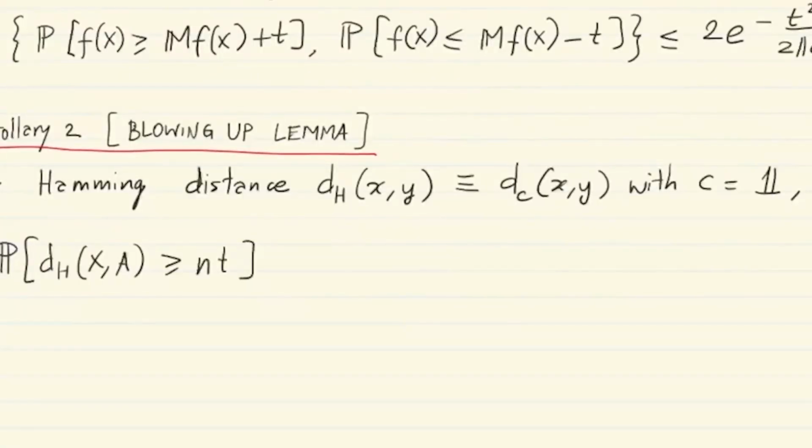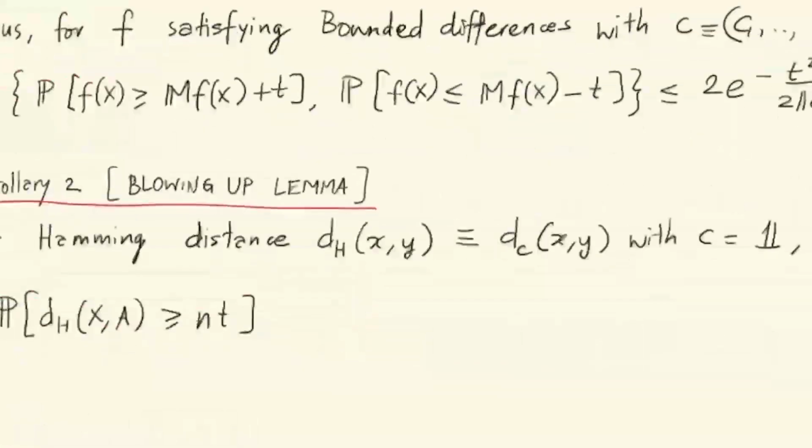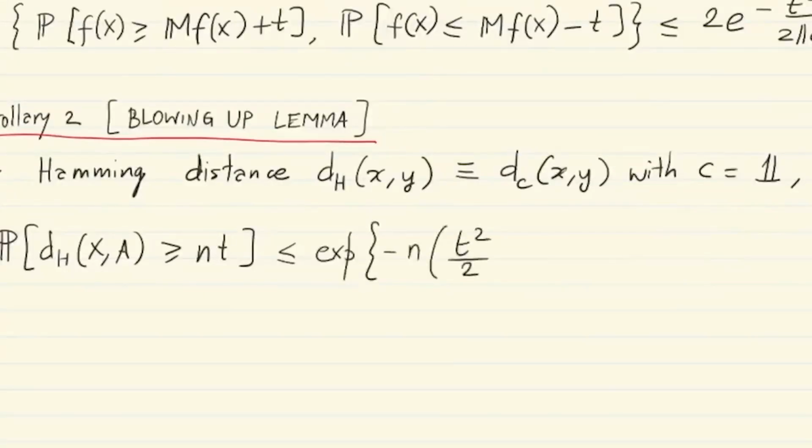So we move the probability of A all the way to the other end and then take exponent and log to get the following: e raised to minus n t square by 2 minus 1 over n log 1 by the probability of A.